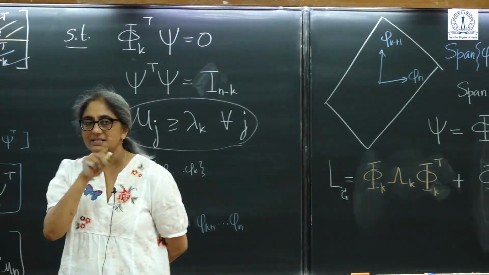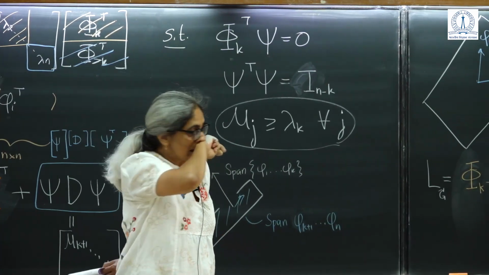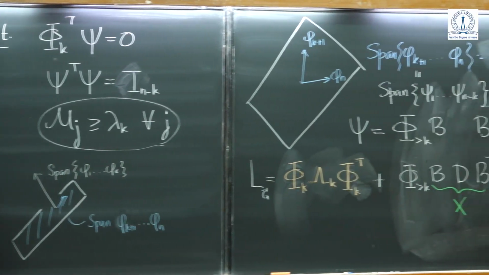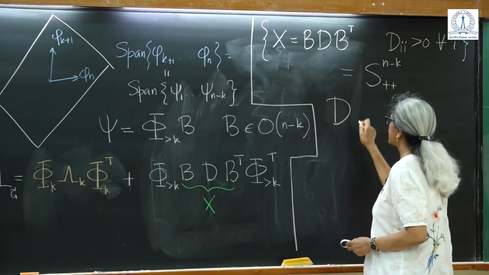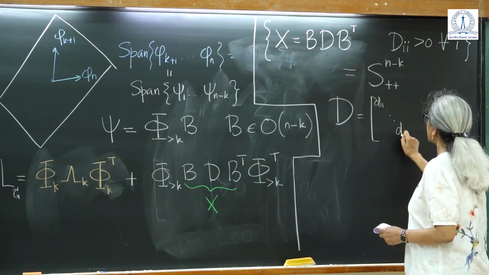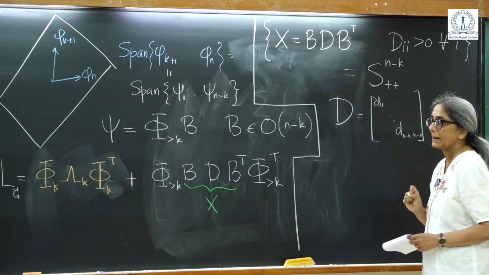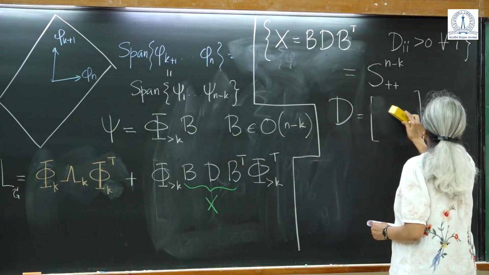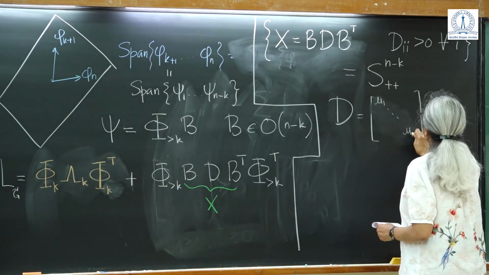Now let's impose this condition. I don't want just any diagonal, I want to make sure that all of them are at least lambda k. Do you see how to write it from what we learned yesterday? What we require is that D, which is filled with these unknowns D_11 up to D_(n-k)(n-k), we can call them mu_1 through mu_(n-k).